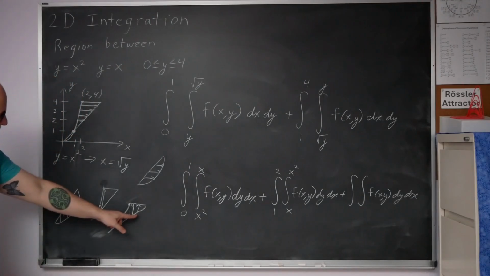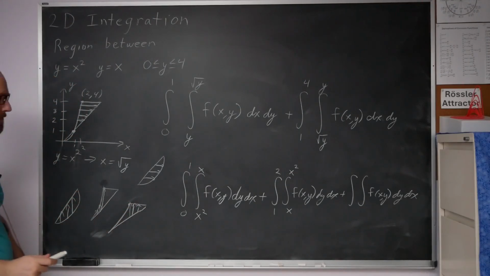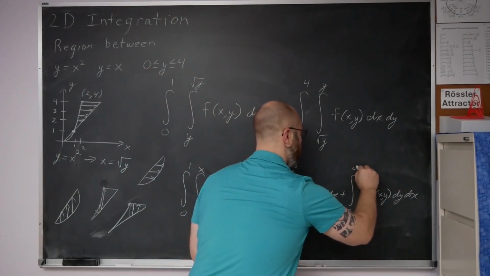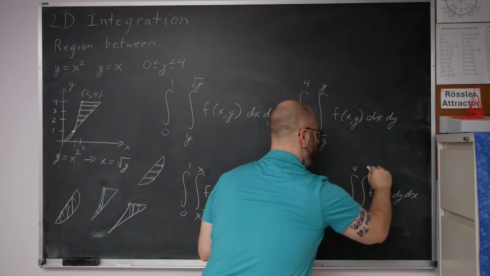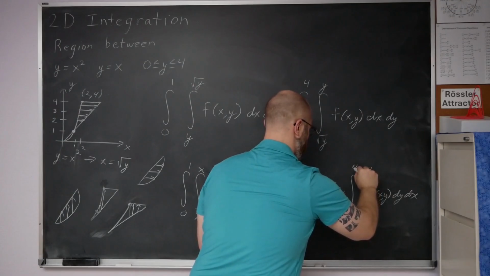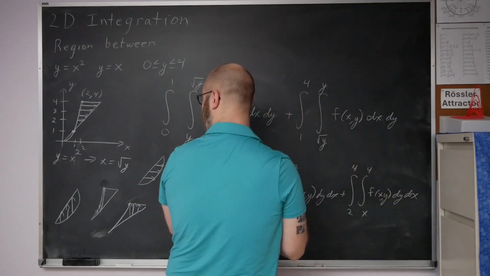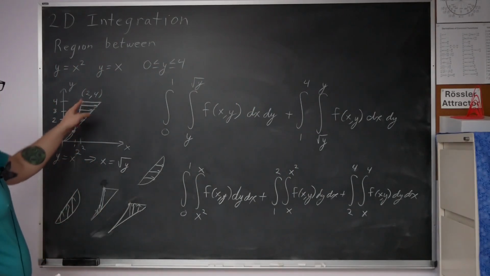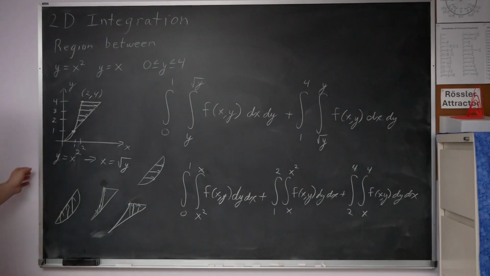In this case, we're going to go from the line y equals x to y equals 4, and that's going to be from 2 to 4. So y equals x to y equals 4. Did I get that right? Yeah. So, that was fun.